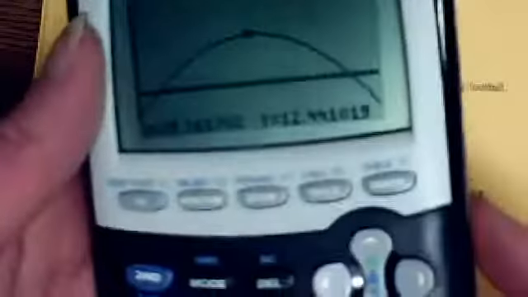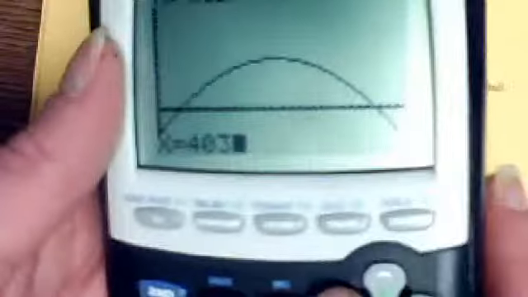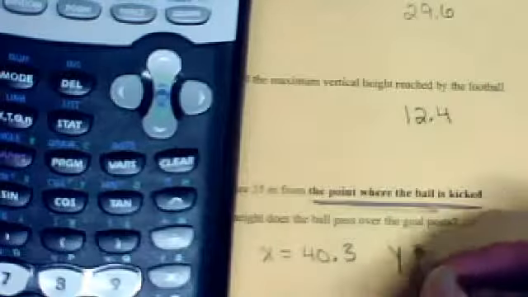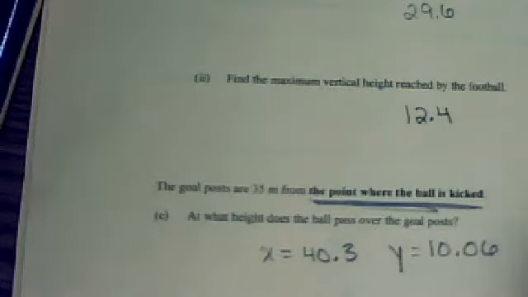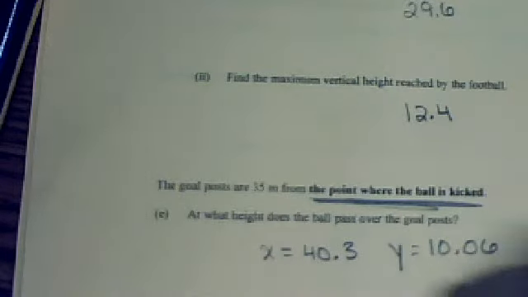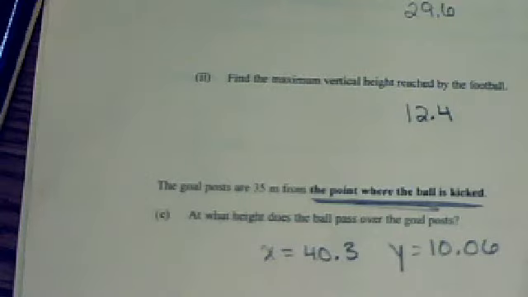If you hit trace, you can type in any x value you want, and it'll give you the y value that goes with it. When x is 40.3, y is 10.06. At what height does the ball pass over the goalpost? At 10.1 meters.